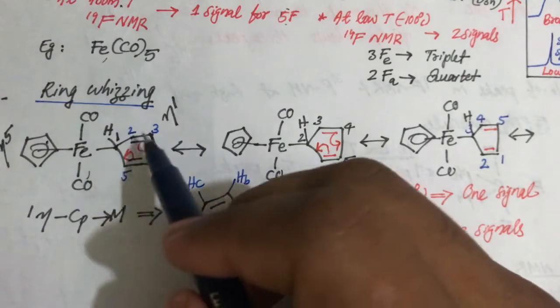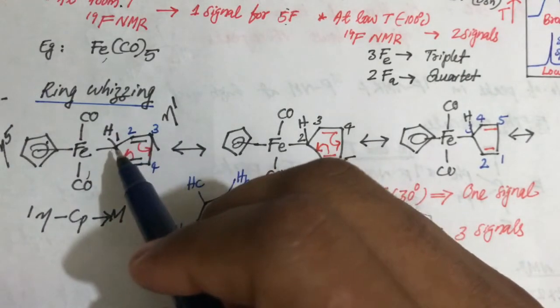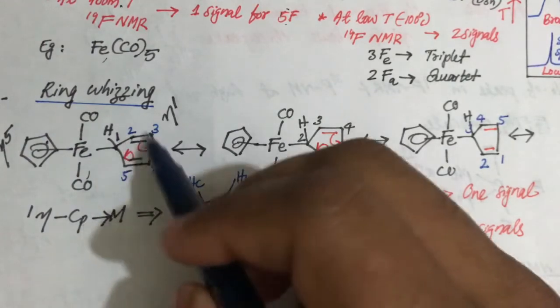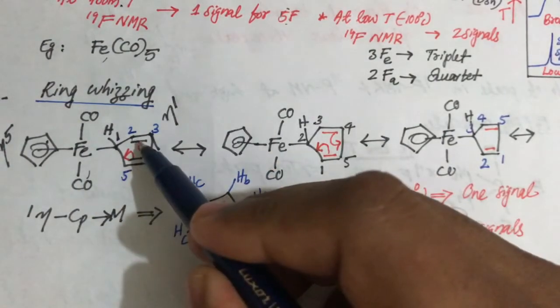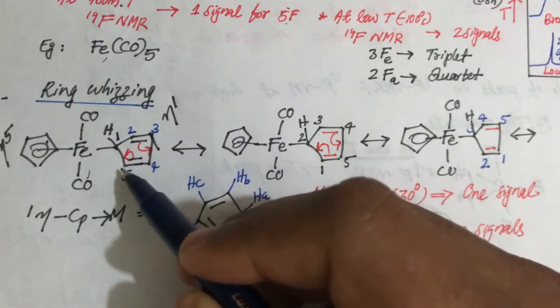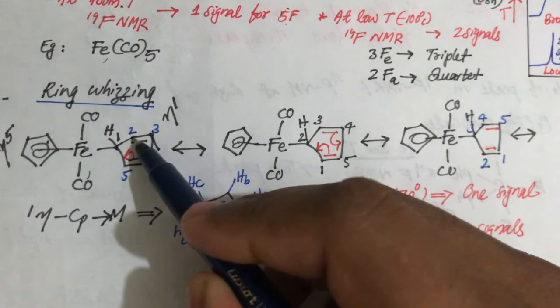That means this ring can undergo some kind of dynamic change with respect to its position. How does it happen? Now this pi bond can shift to the 3 4 position, this pi bond can shift to the 1 5 position. Now the iron is directly bonded to the second carbon.